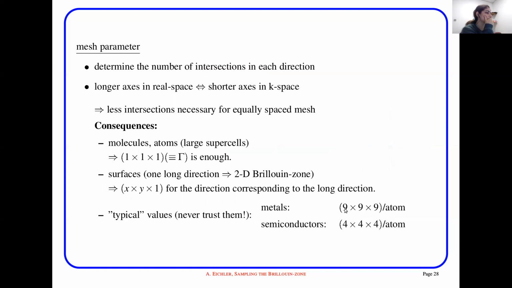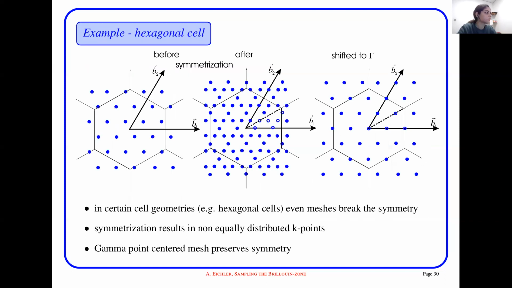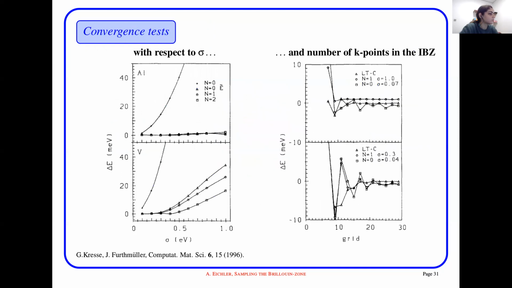If the lattice vector is 30, then of course the k-point mesh will just be 1, because 1 per 30 gives 30. In this case you just use the gamma point and don't use this package. Then it's telling you about the convergence test, and then we are done.